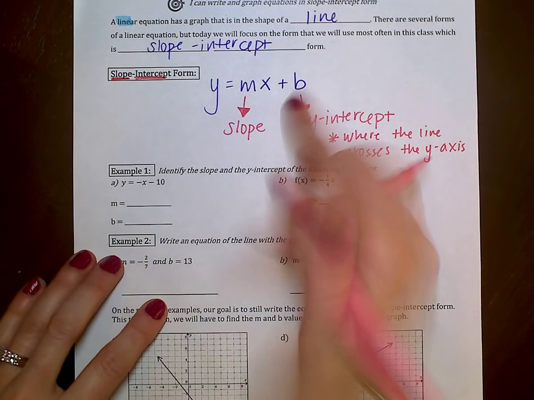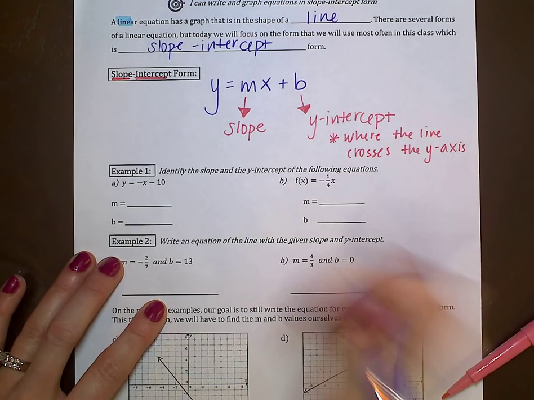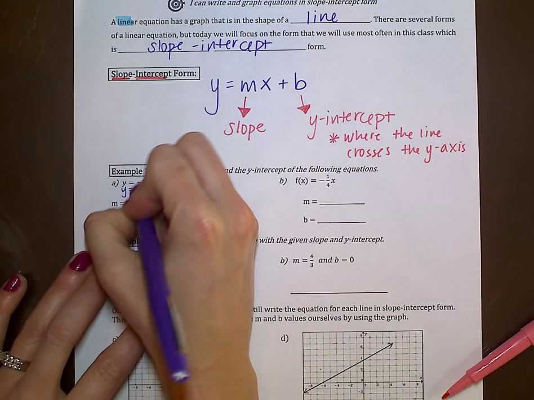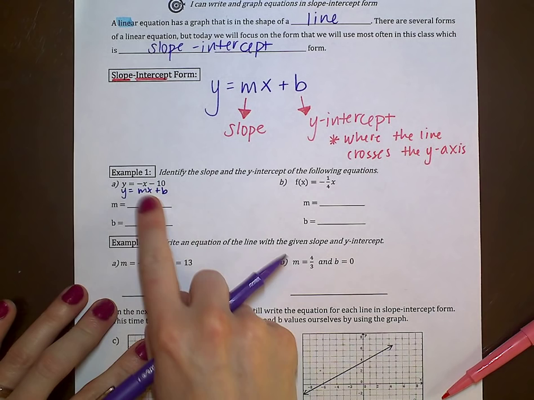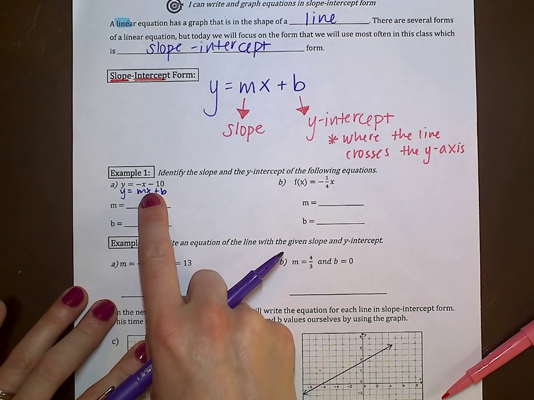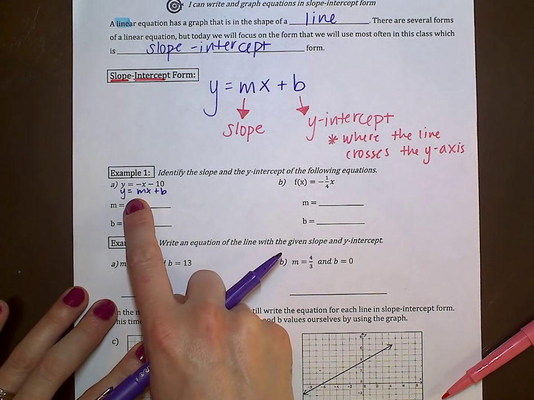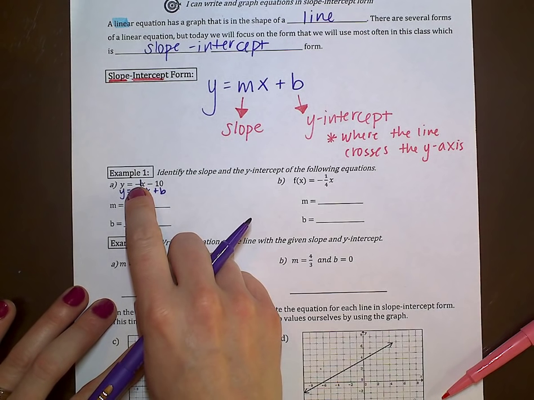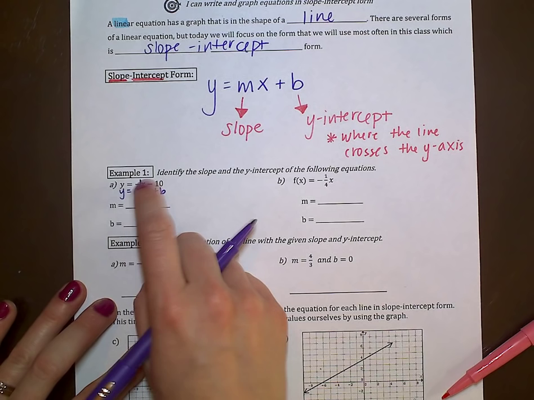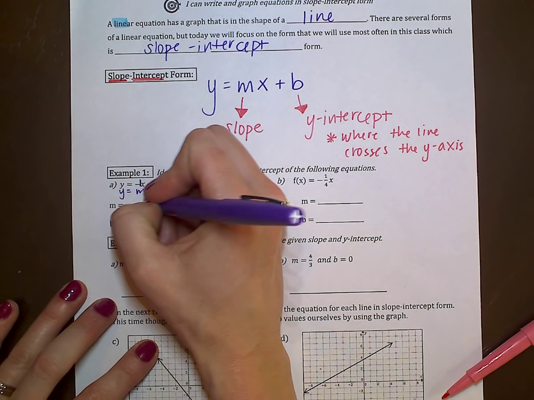I'm comparing this equation to my y equals mx plus b, my general form of a linear equation. The slope is just the number that sits in front of x. In this case, there's just a negative, but know that there's always a 1 in front of a variable. So the slope in this case is just negative 1.